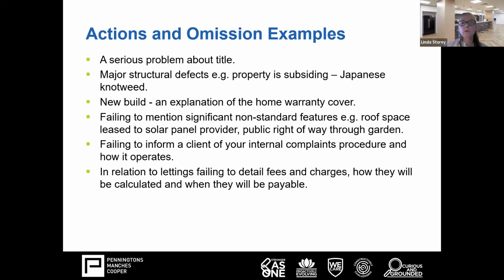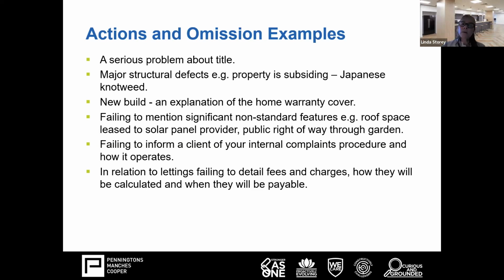Again, because this will affect a buyer's mortgage, it may affect who they can apply to, depending on the location of the Japanese knotweed. It's really important that a purchaser is aware of this. And obviously, some of these things you absolutely are not going to put in the advert for the property, but they're things that would be discussed with a purchaser, things that you might discuss with the broker in advance if there was a serious problem, Japanese knotweed, for example.